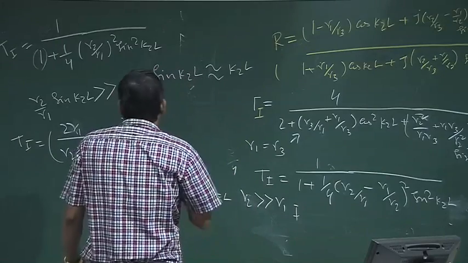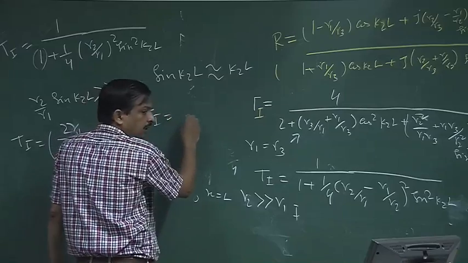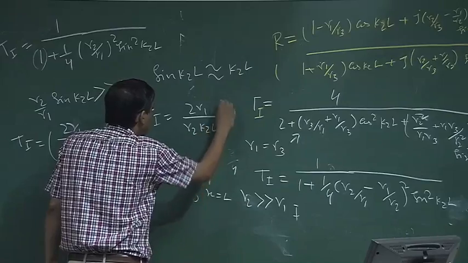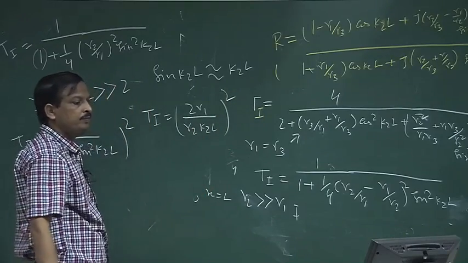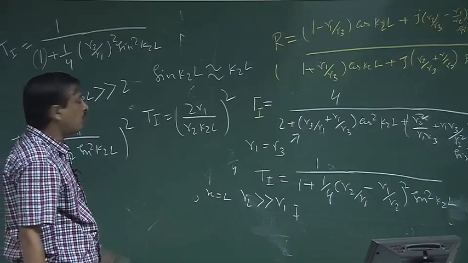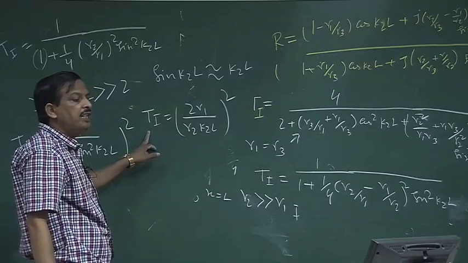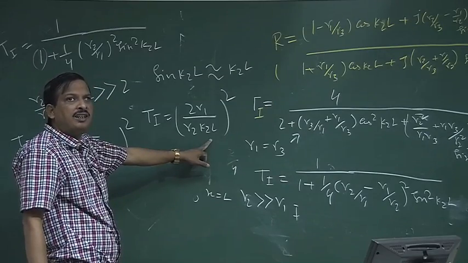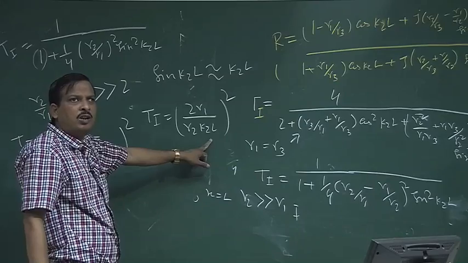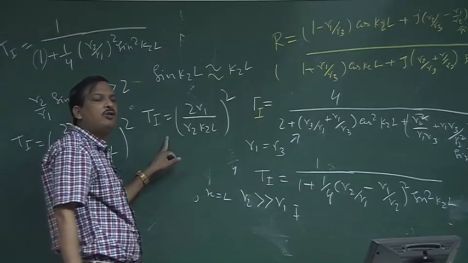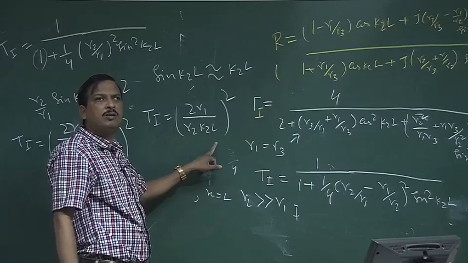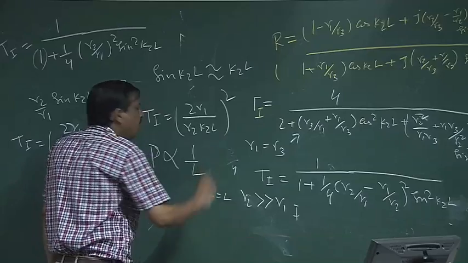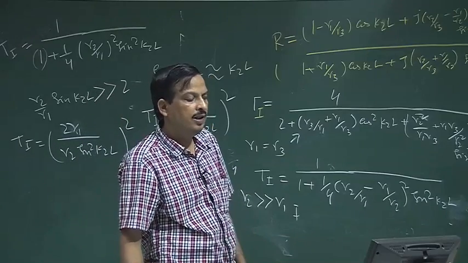Then Ti is 2R1 divided by R2 K2L whole square. So the transmitted intensity varies with L squared, and the transmitted pressure amplitude is inversely proportional to the thickness L of the wall.